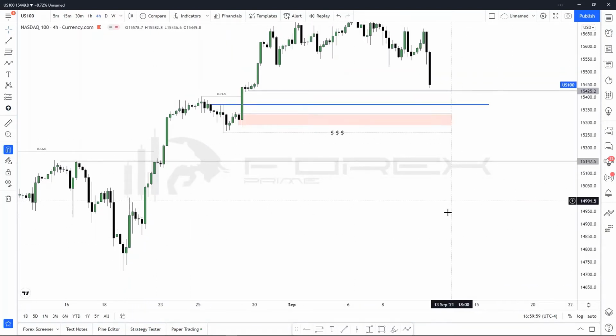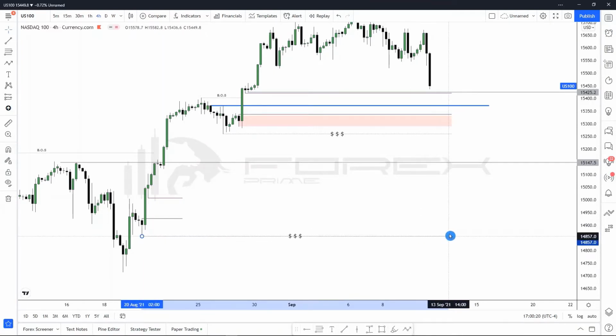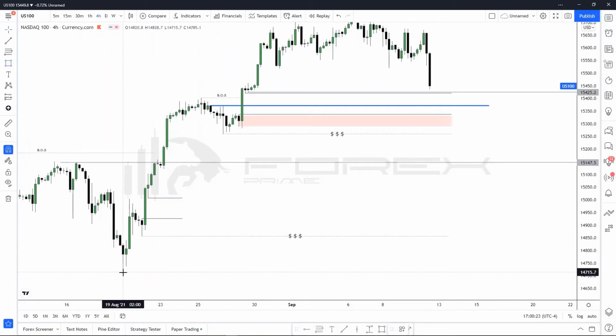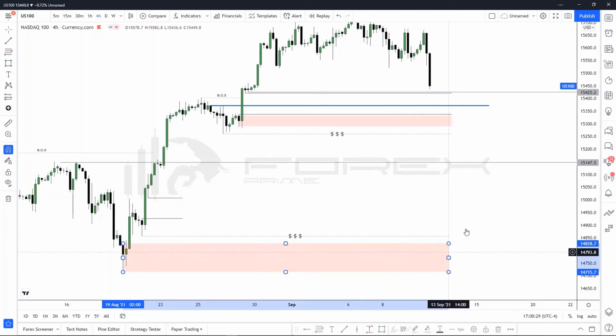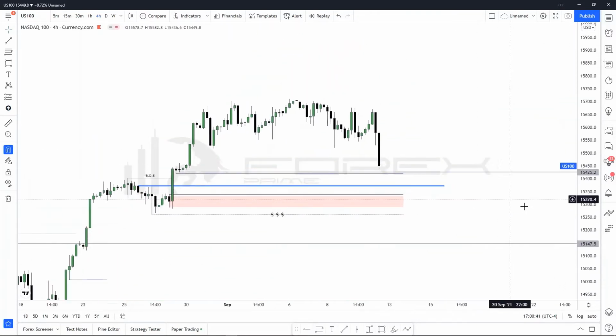All right, but if we do get there, I will be looking at this area right here, and obviously right beneath this low right here, and then this last down close candle, which could act as a potential order block. All right, so those are the areas which I will be looking at on Nasdaq, if or when we do get there. But if not, then yeah, I'll just react to the market.